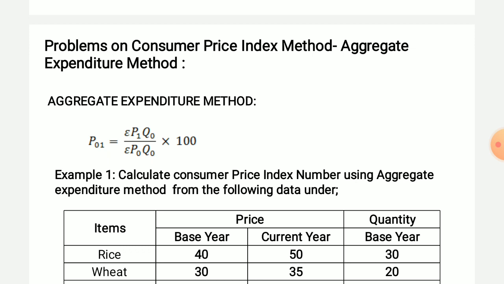So P01, the price index number for the current year, is equal to sigma P1 Q0, means current year price into base year quantity, divided by sigma P0 Q0, base year price into base year quantity, and multiplied by 100. So this is the formula where we used to construct the indices or index numbers according to the aggregate expenditure method.